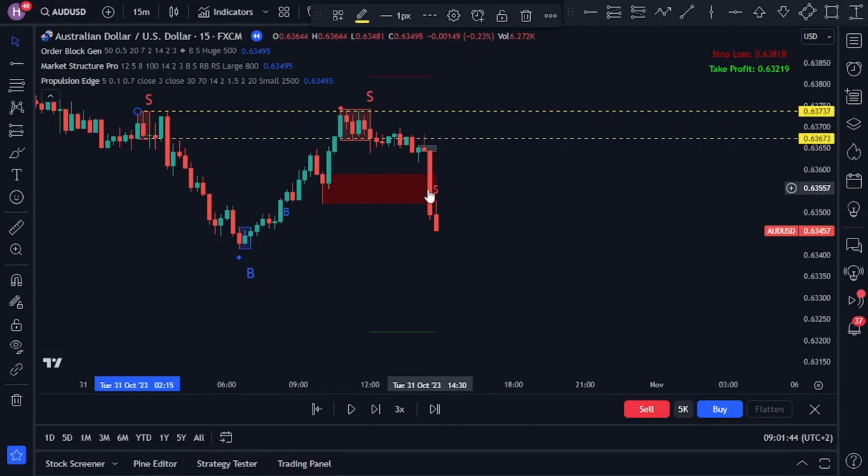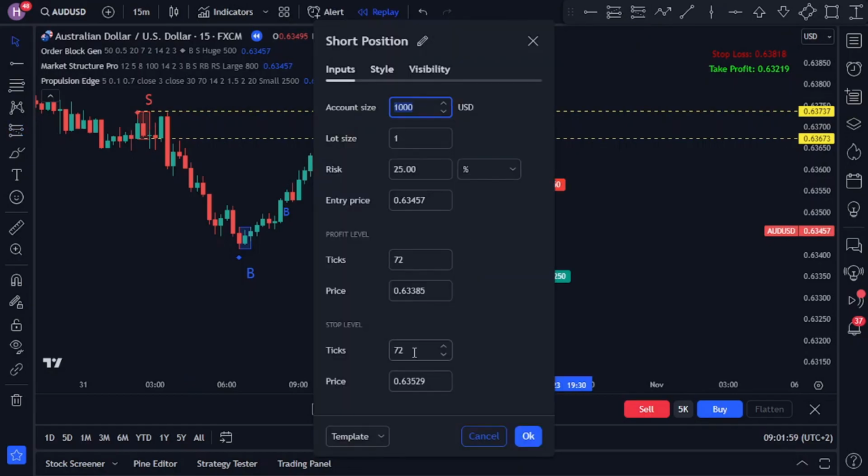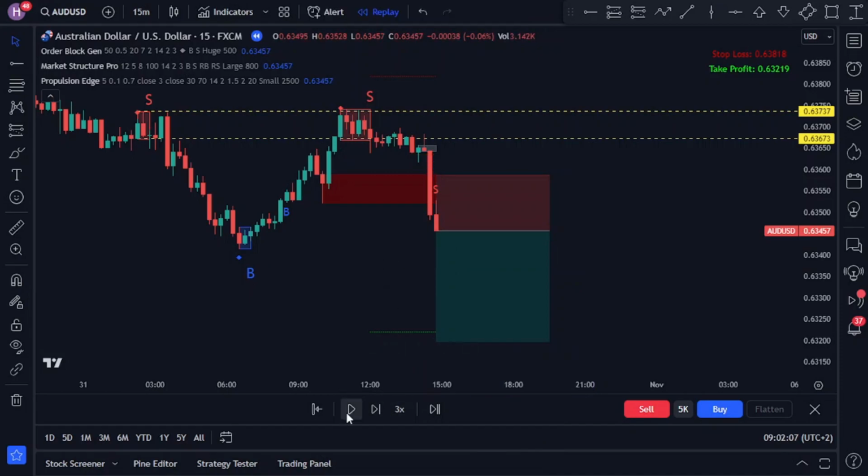Then, after the second order block has been identified, we get a break in structure or BOS that has been marked by our Market Structure Pro. Then, following the same money management rules as before, I will place my stop loss a couple of points above the zone at 13 pips, and my take target will be set at 26 pips.